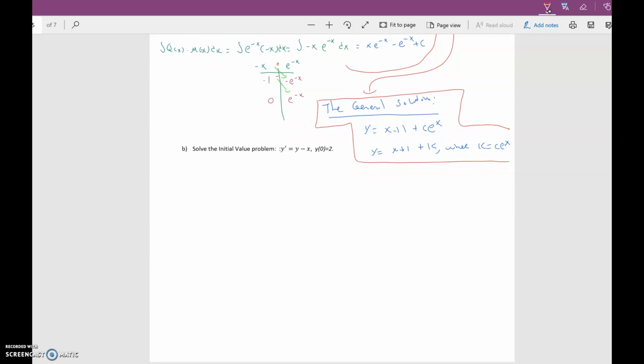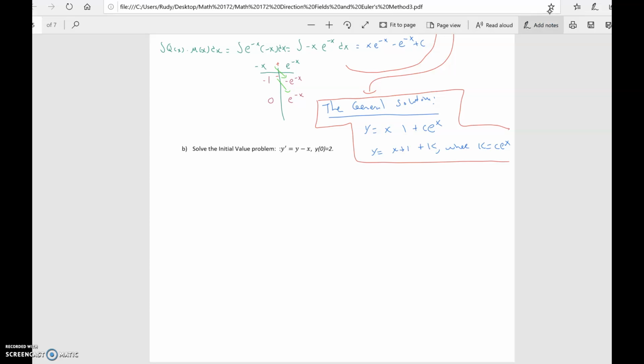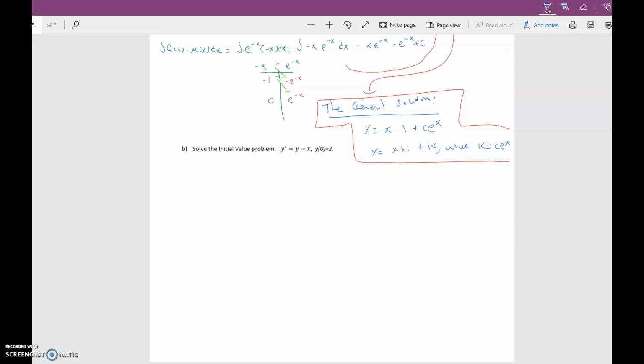In part B, they want us to solve the initial value problem. Using y of 0 is equal to 2, you have x equal to 0 and y equal to 2, and the solution was y is equal to x plus 1 plus c e to the x.